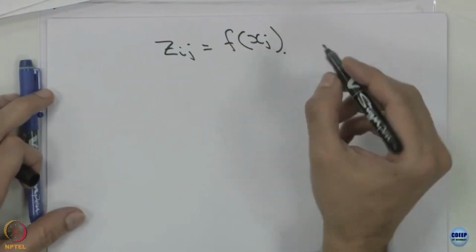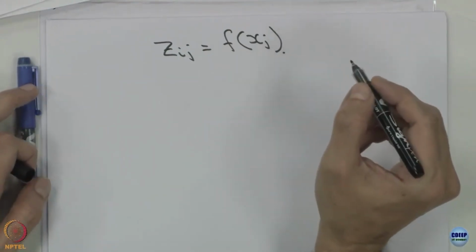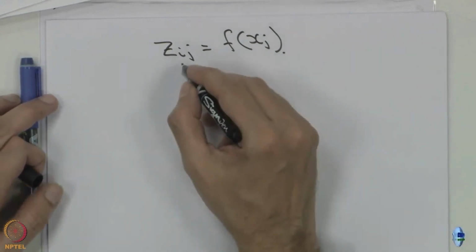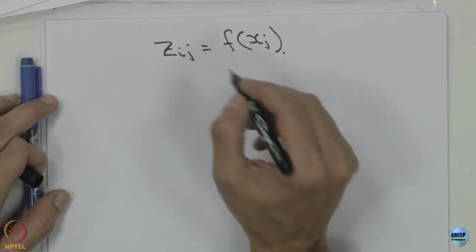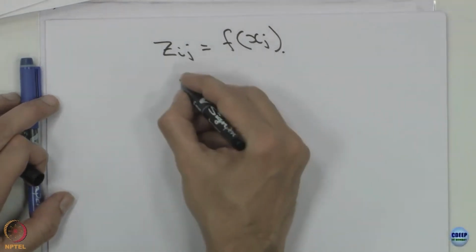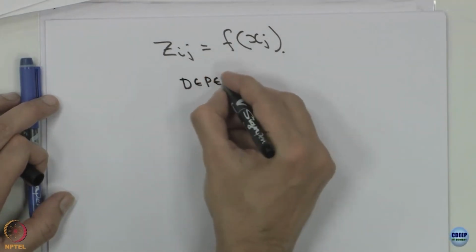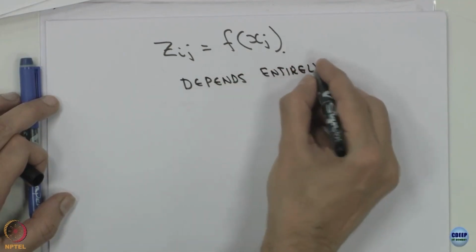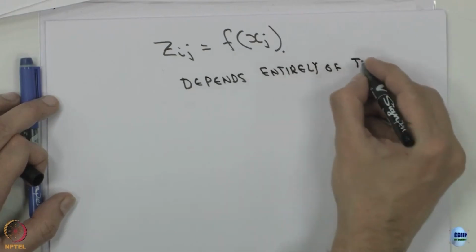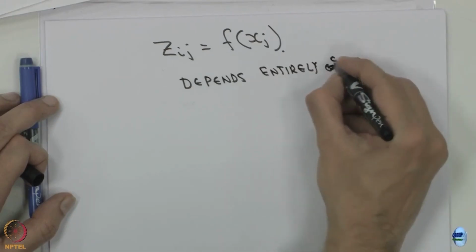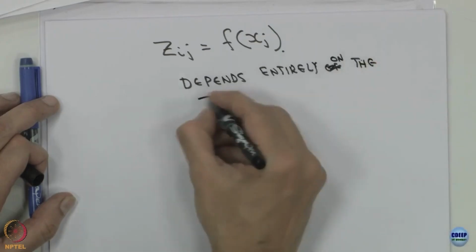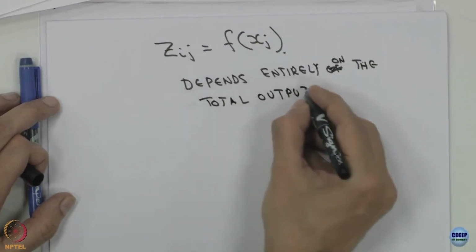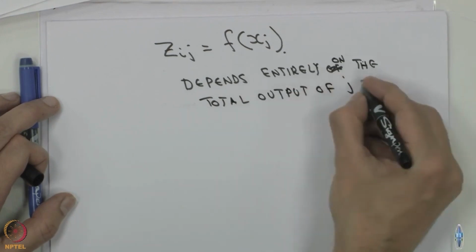The fundamental assumption of the input-output method is that the inter-industry flow from the ith sector to the jth sector depends entirely on the total output of j for that period.